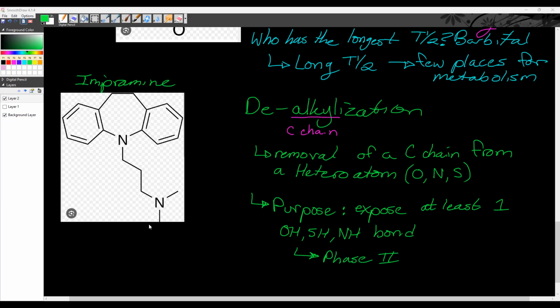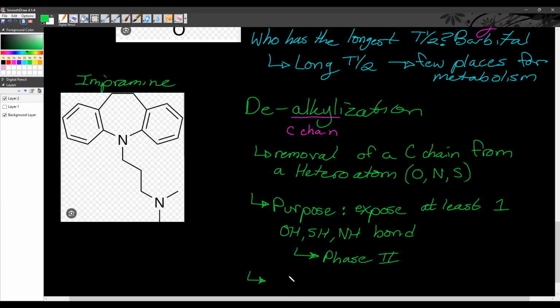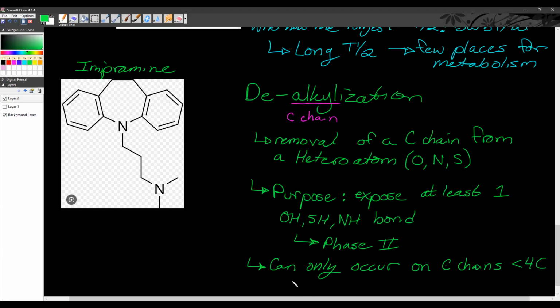The problem is that this process can only occur on carbon chains smaller than 4 carbons and preferably unbranched.